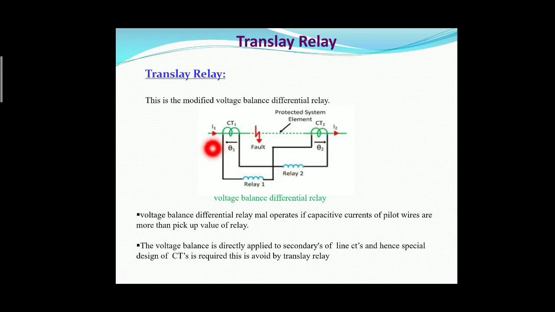The angle at CT1 is theta 1 and at CT2 is theta 2. The current supplied through CT1 is I1 and the current leaving through CT2 is I2. That is the notation of a voltage balanced differential relay.